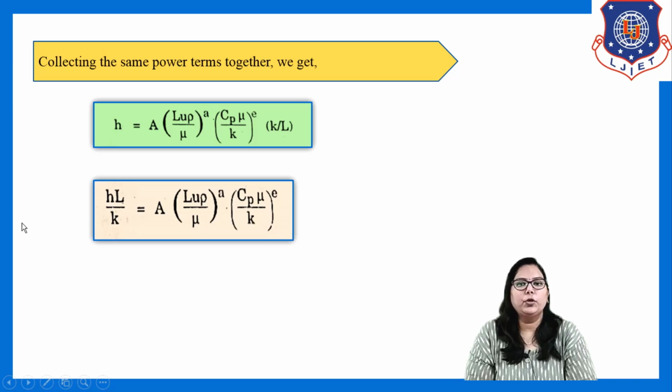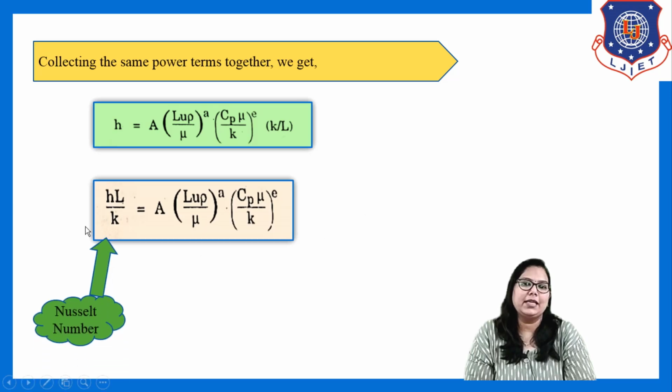Now if you put the units of h, L divided by k, then all the units will be cancelled. Similarly here also, if you put the units of L, u, rho by mu, all the units will be cancelled. In the same way here also. So these are dimensionless numbers.